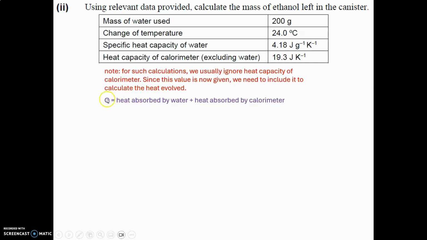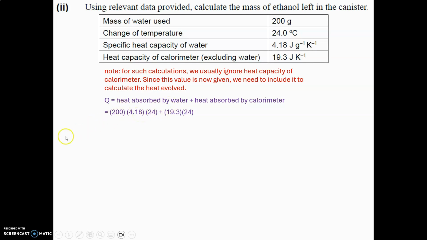So the total energy that is evolved comes from two parts. One part is the heat that is absorbed by the water, and another part is the heat absorbed by the calorimeter. So the heat absorbed by the water will just be mc delta theta. Mass of water 200 grams. Heat capacity of water 4.18.